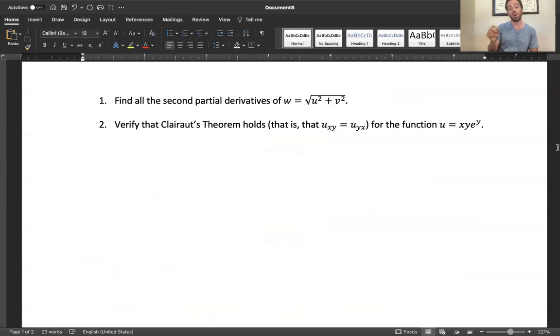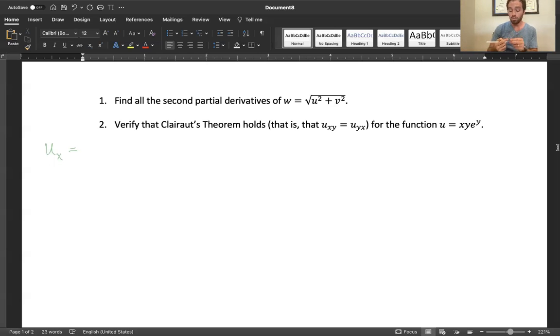Speaking of which, problem number 2 says that we should verify that the mixed partials are equal for this specific function. So we'll be finding, and now we're doing problem number 2 here, we're going to find partial U, partial X, with the aim of taking partial U, partial X, and then Y. So partial U, partial X is, let's see, y e to the y.